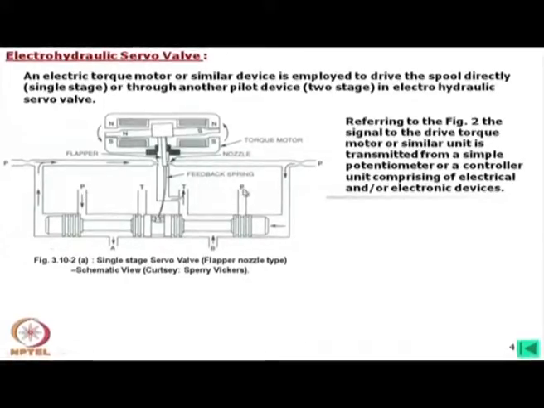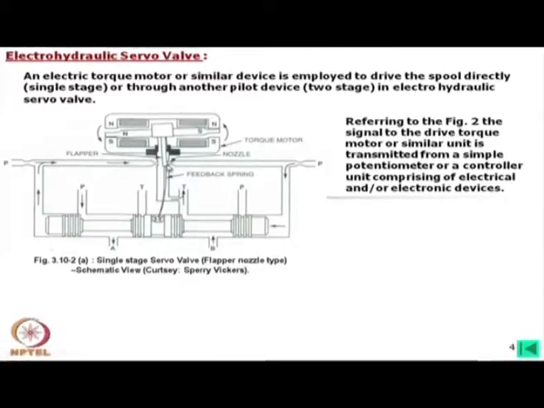Now, both of these are pressure supply, and these two are the two ends of the actuator, and this is a secondary flow. And there are two nozzles.